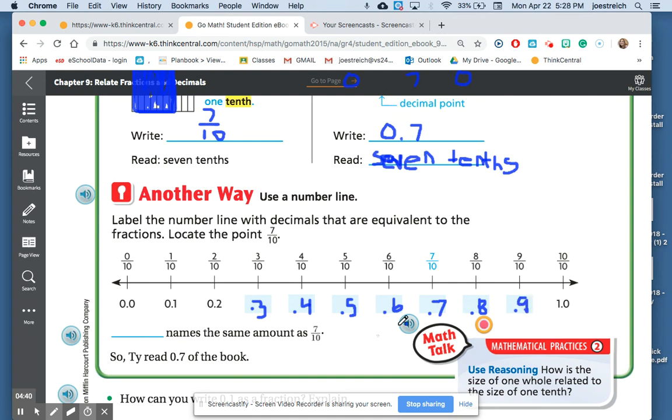So as you can see, 7/10 written as a fraction is the same as 0.7.